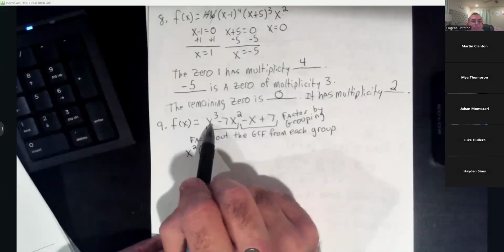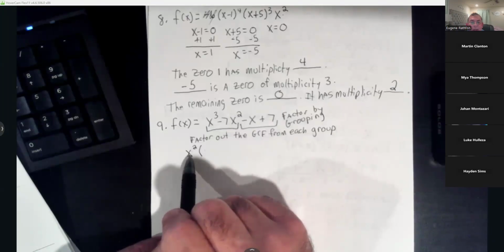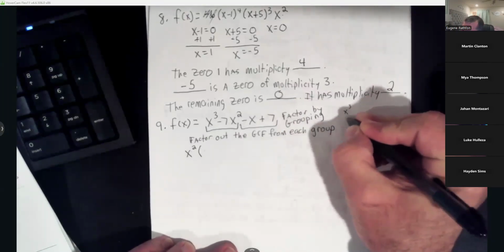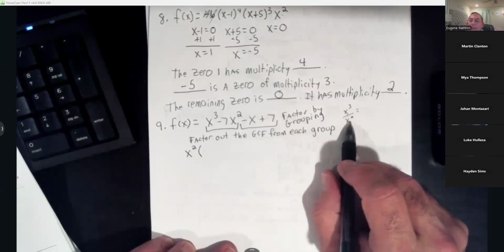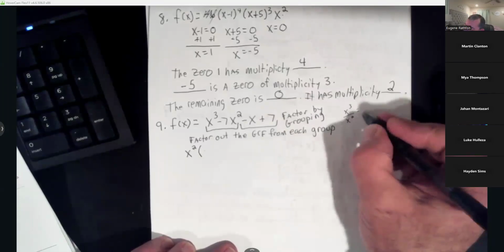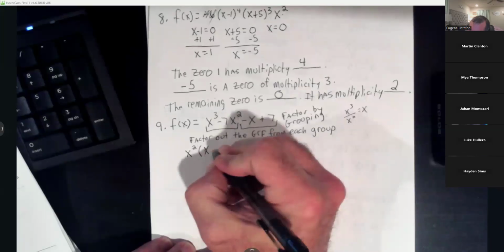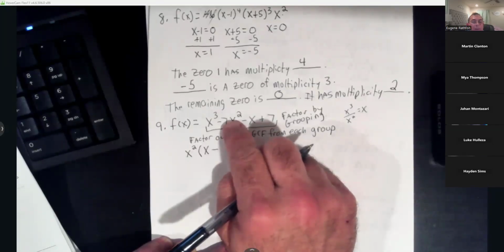So if I got an x cubed and I divided out an x squared, what's that give me? X cubed over x squared is just an x. So that means this will be an x minus.